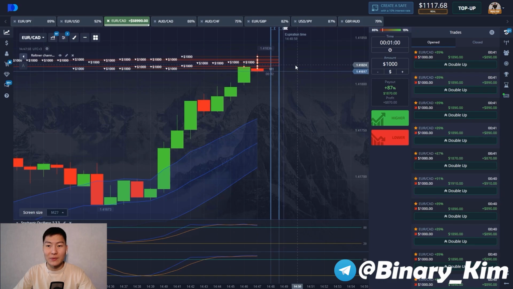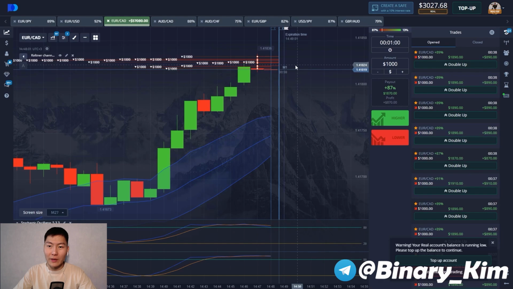The correction is happening here, and the first ones are in profit, and we've got $27,000 right now on our balance, and there are 30 seconds left before the closing of the last ones.